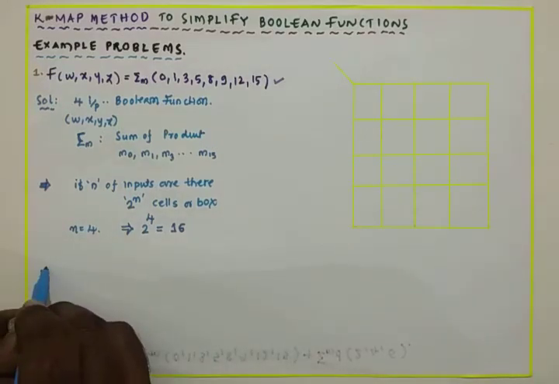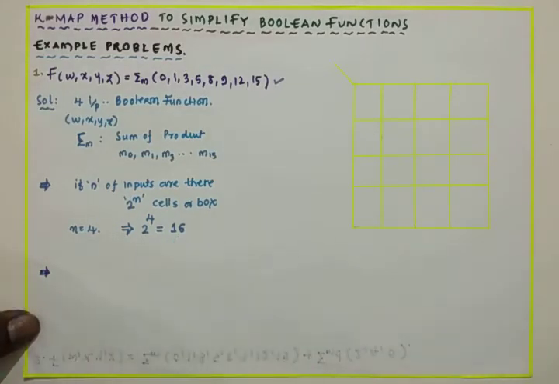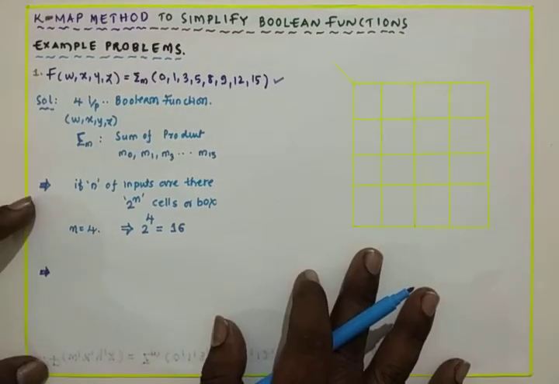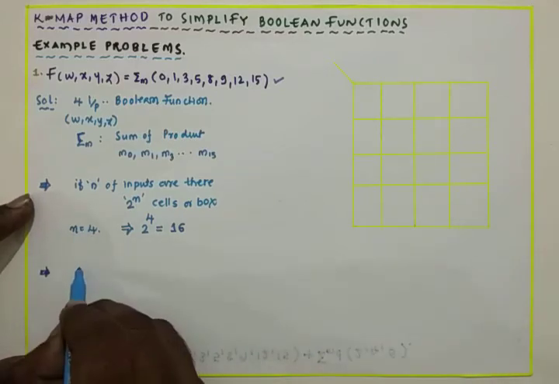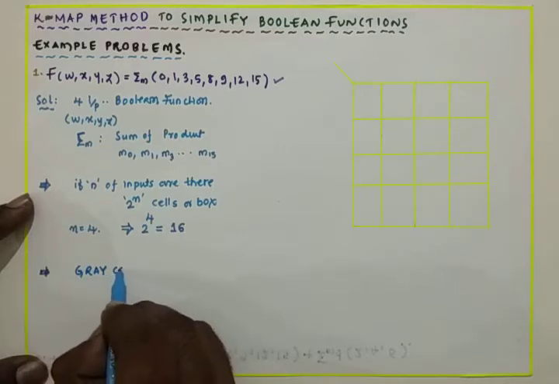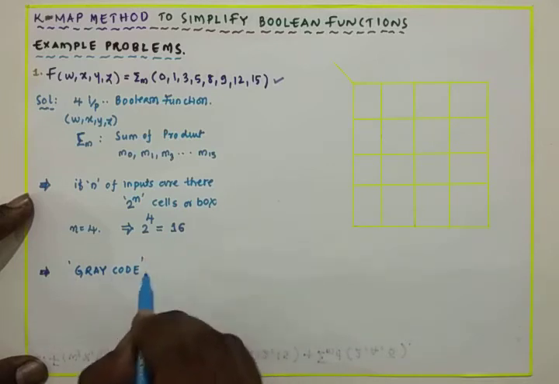The third step is that we have to number all these 16 boxes by making use of the column address and the row address using the gray code. Using the gray code, we give the numbering for each and every box or cell.